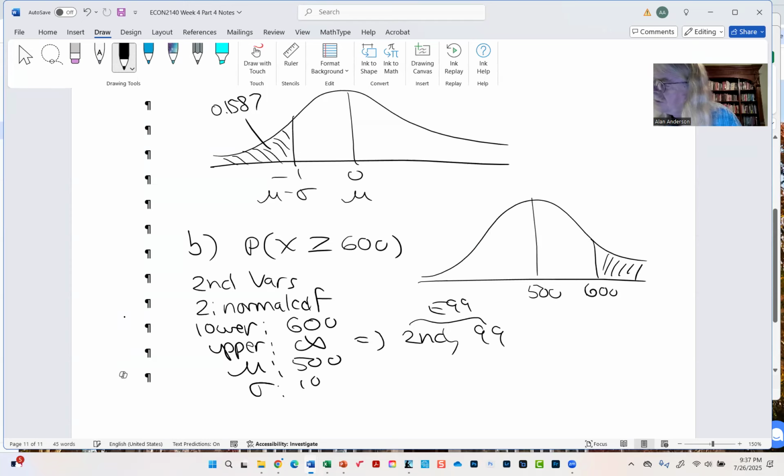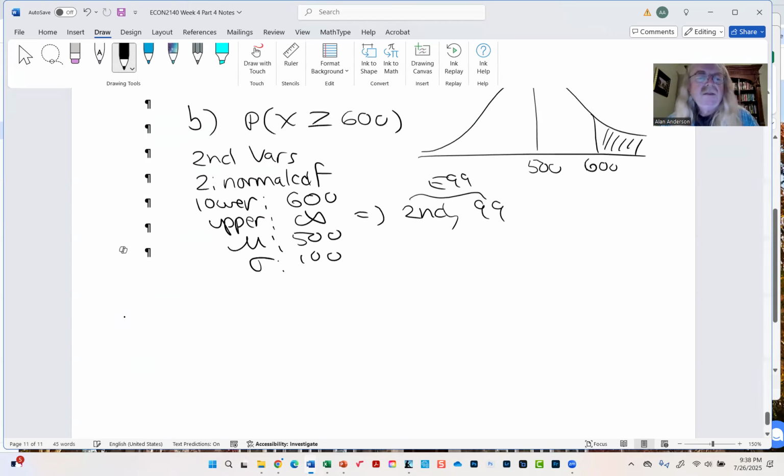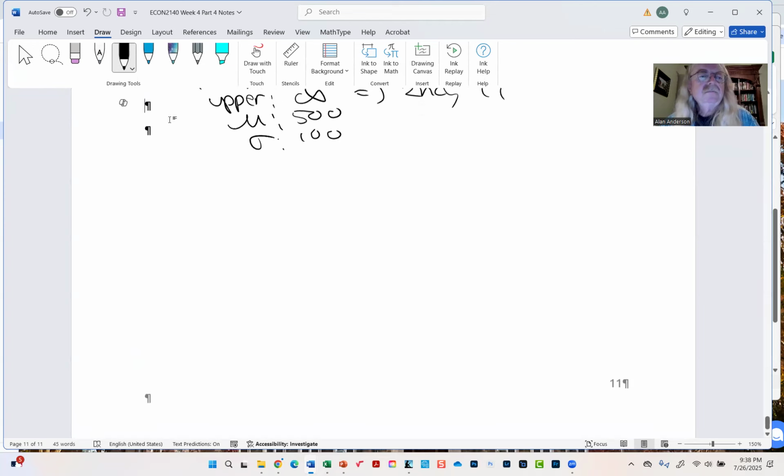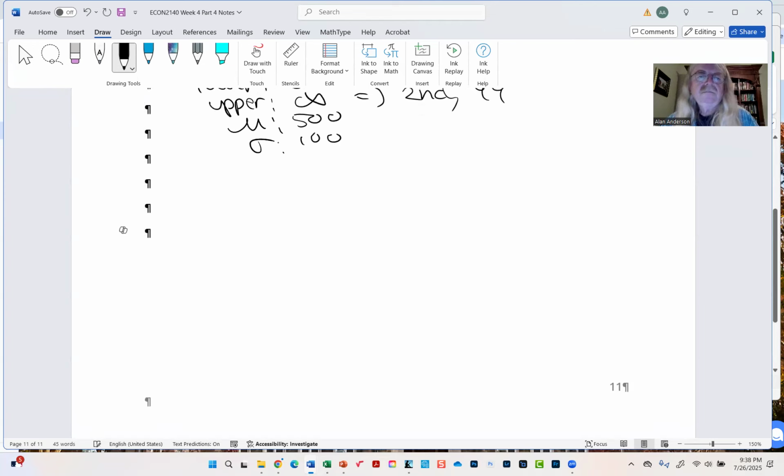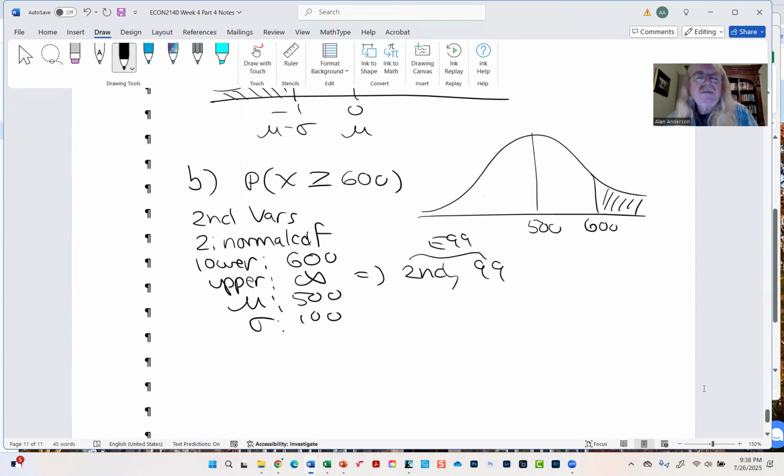The standard deviation is 100. And so when you plug those in, it's, what do you know, 0.1587.